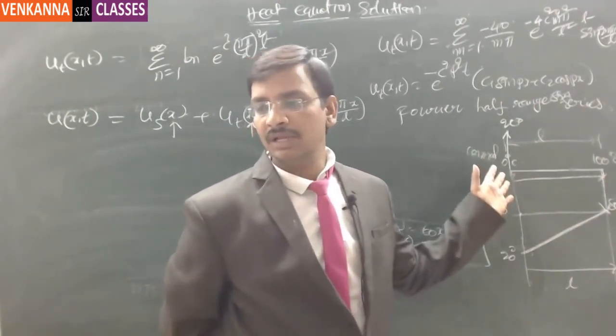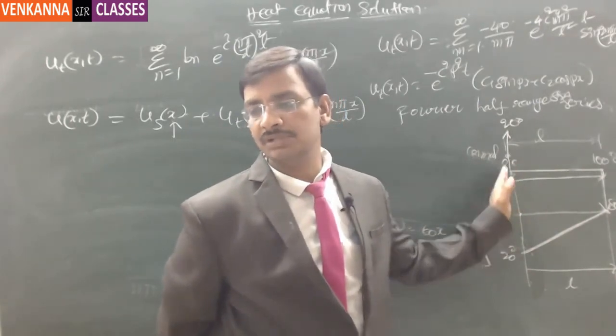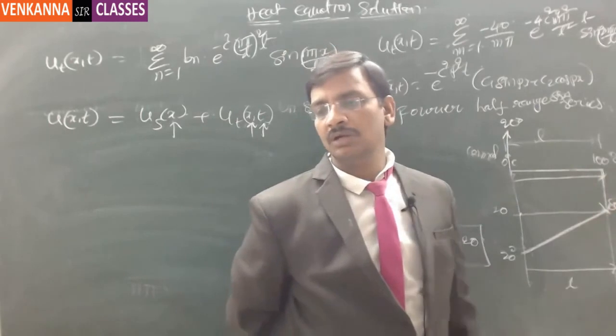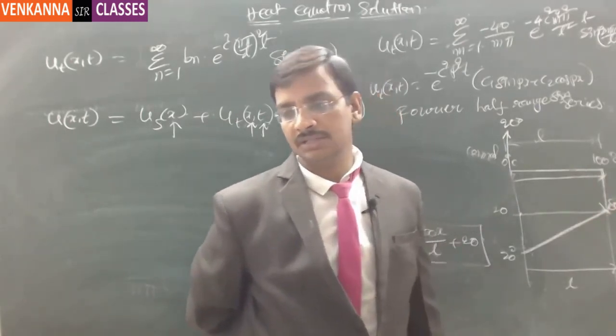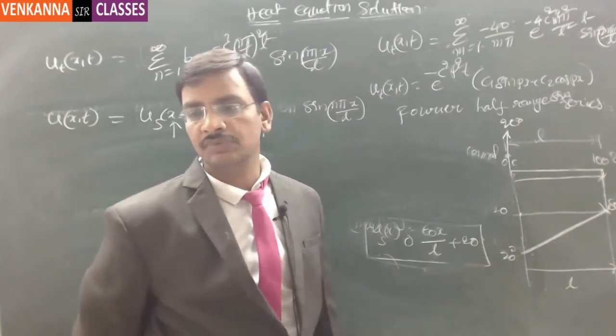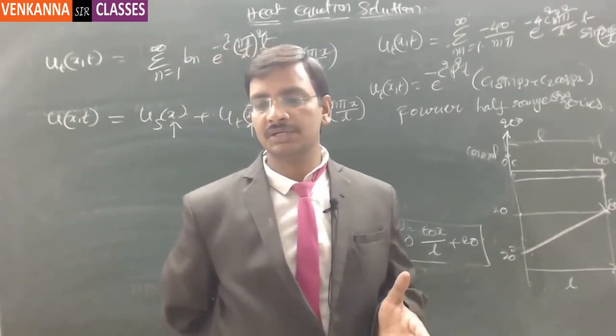Now here, no zero initial conditions are coming because this temperature is raised to 20 degrees centigrade and this temperature has fallen down to 80 degrees centigrade from 100 degrees centigrade. In such a case, we have divided the solution into two different parts, the transient solution and the steady state solution.